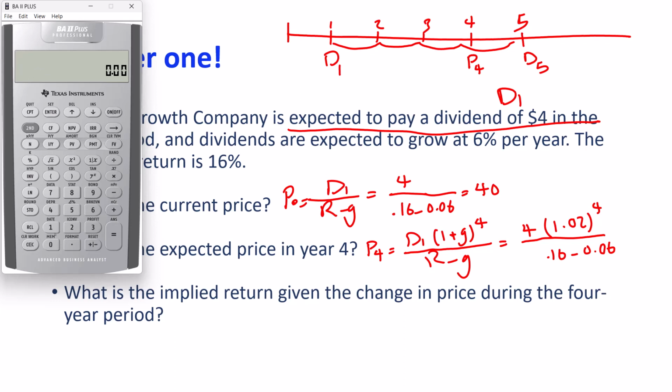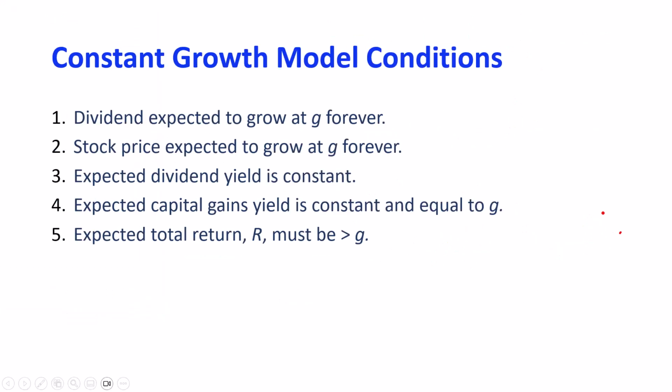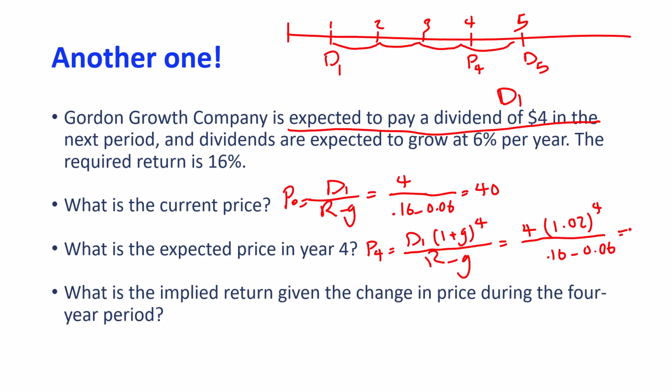So for this one, you should be getting 1.02 raised to the power of 4 multiplied by $4 divided by 10%. So you should be getting 43.3, which is the price in year 4.